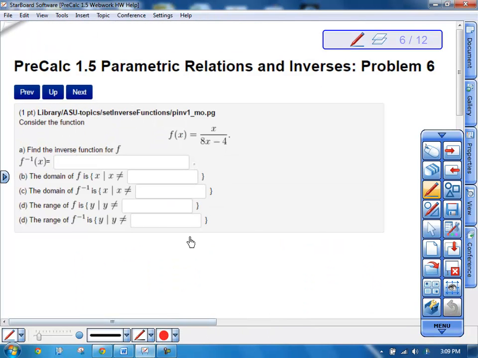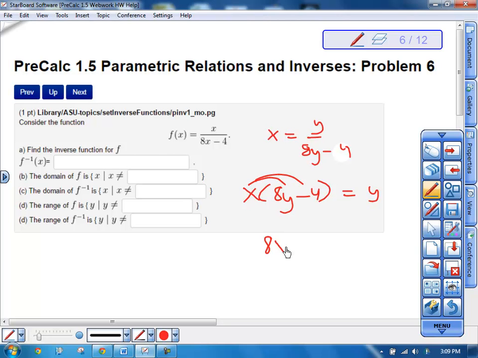All right, next problem wants us to find the inverse again. Once again, we switch x and y, or x and f of x. We get x equals y over 8y minus 4. All right, this one's a little tricky. I'm going to have to get y's together somehow. So let's cross multiply. We get x times 8y minus 4 equals y. I'll distribute the x, so I get 8xy minus 4x equals y.